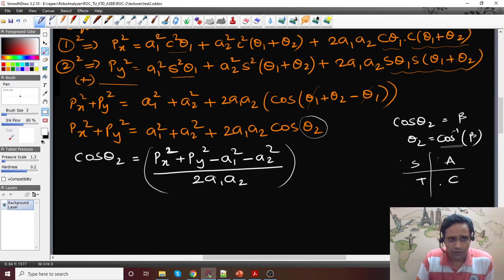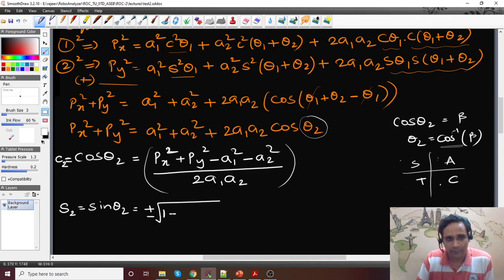Now this cos theta 2 term, I'll save it as C2. C2 is cos theta 2. I'll also define S2, which will be sine of theta 2. How do we get sine theta 2?